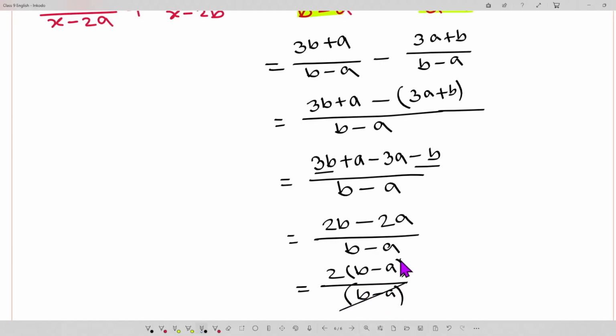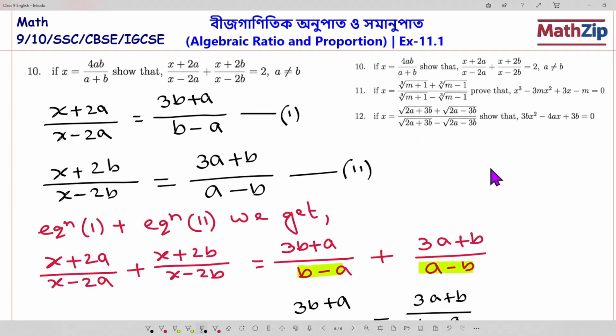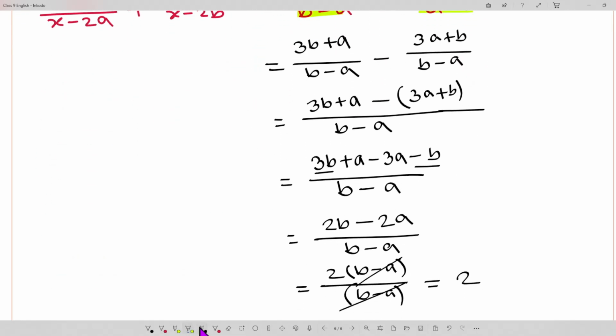Now we can divide this one, so it will be 2. Now look, our question was show that x plus 2a divided by x minus 2a plus x plus 2b divided by x minus 2b equals 2. And look, here the right hand side is 2.